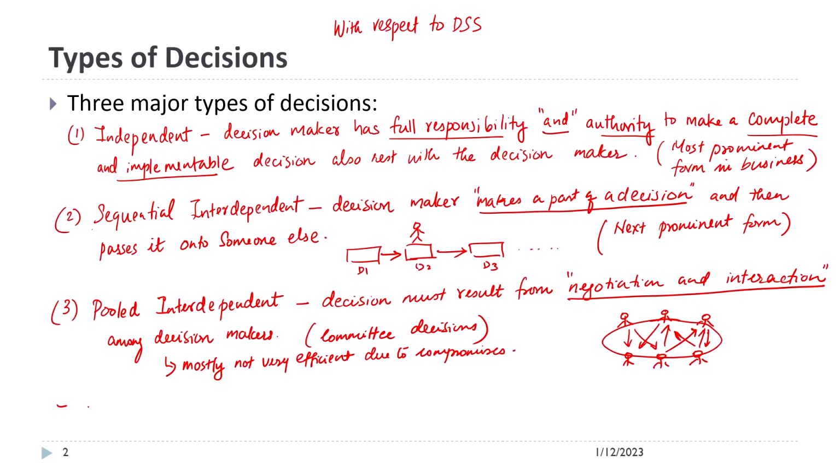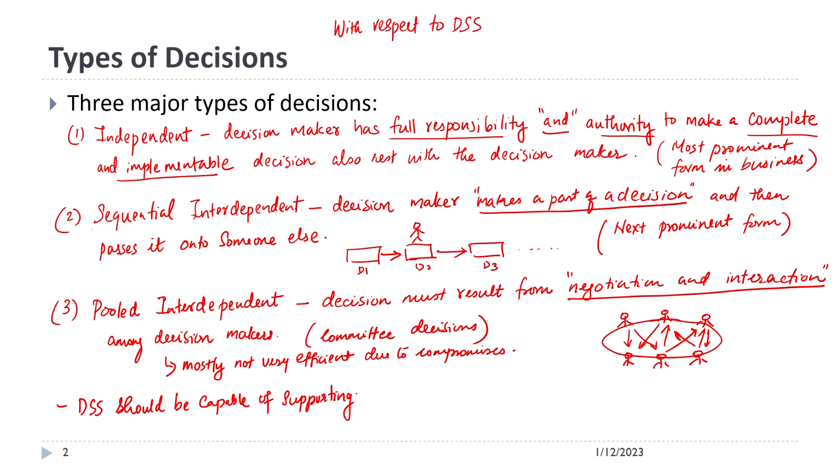Hence you may not make the best decision, you might make a compromise decision. So, what should DSS do? The important thing is that DSS should be capable of supporting.